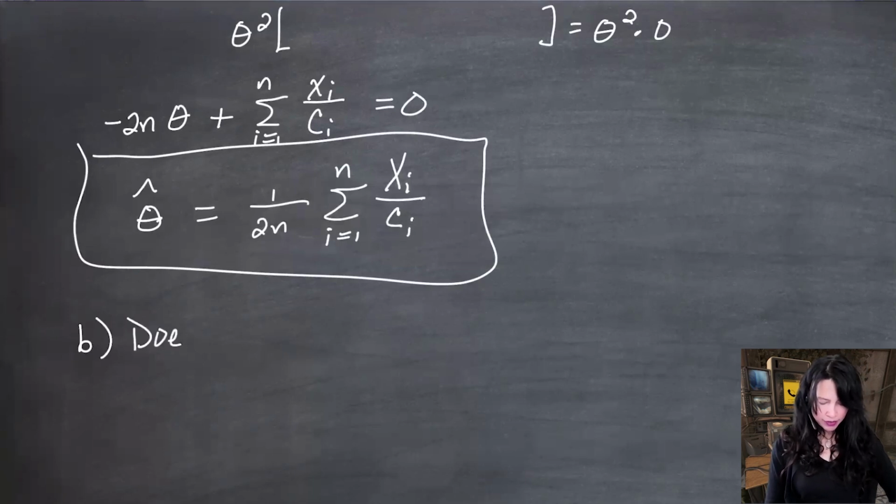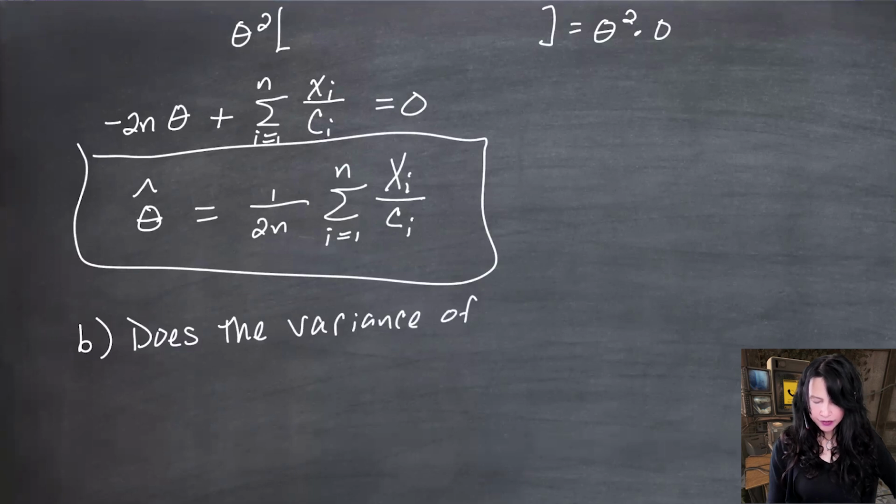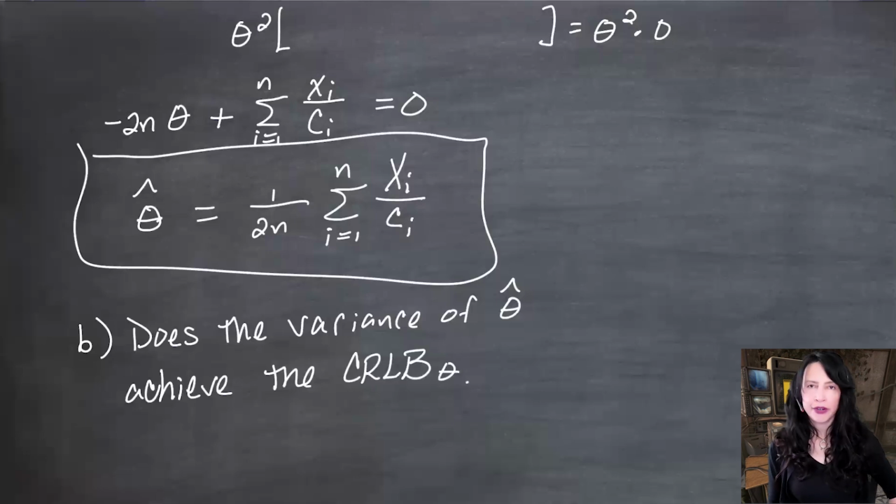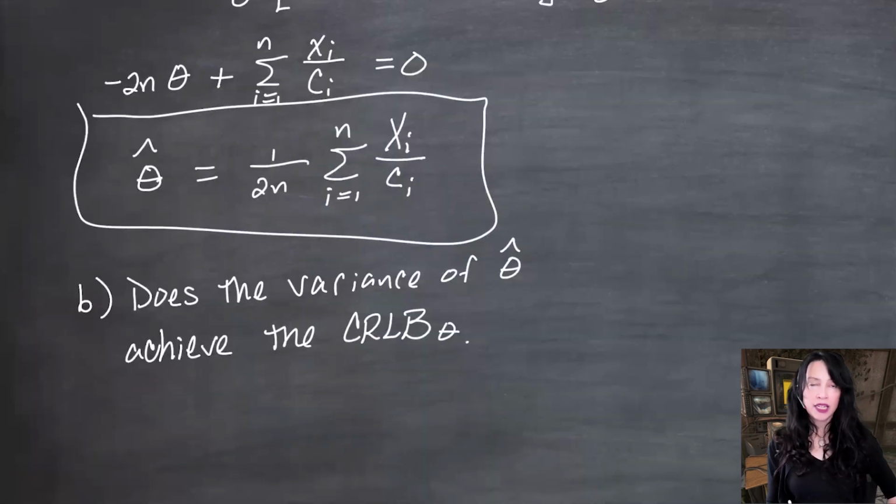Okay, so in part B, I think I won't have time to finish this, but I want to know: does the variance of this theta hat achieve the Cramér-Rao lower bound for the variance of all unbiased estimators of theta? By achieve, I mean equal.